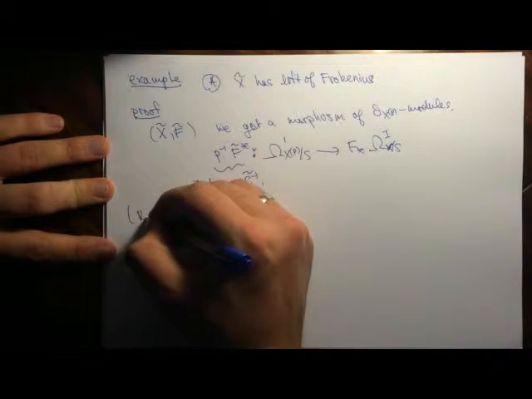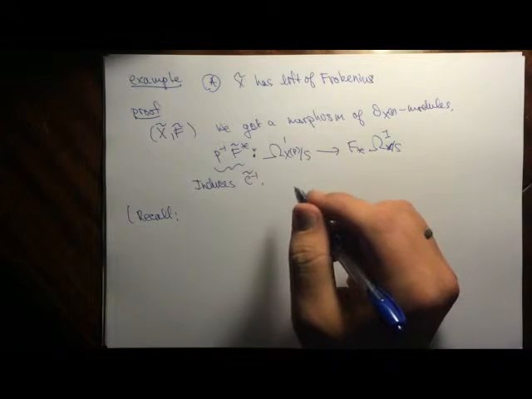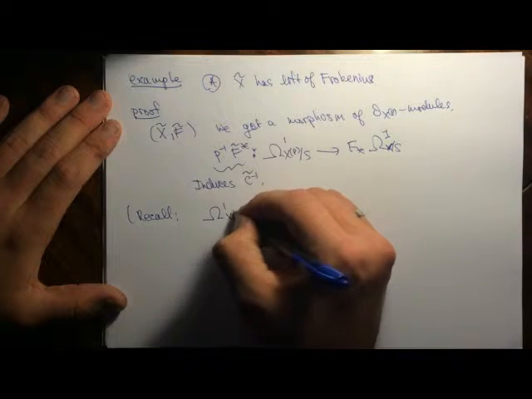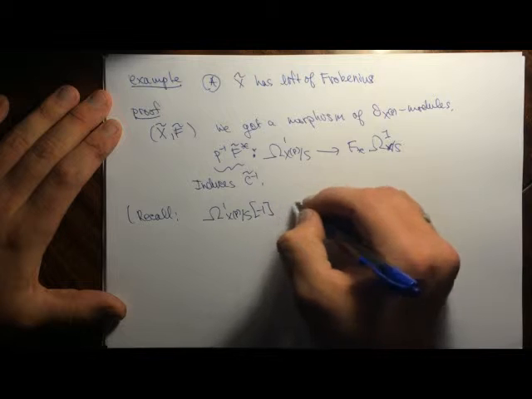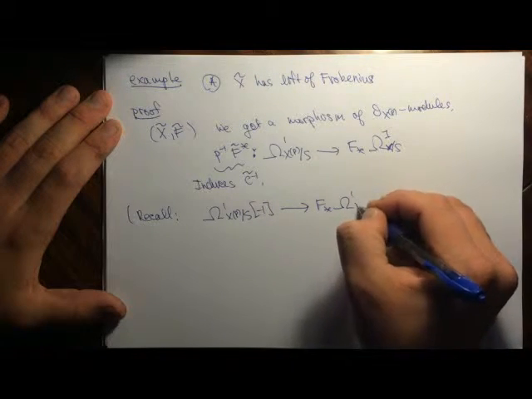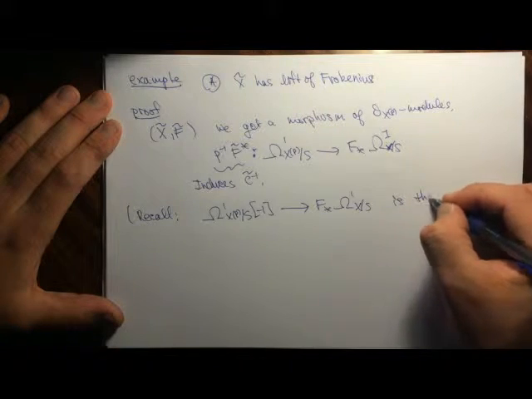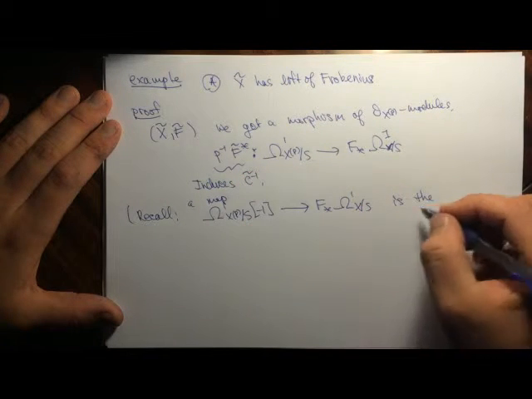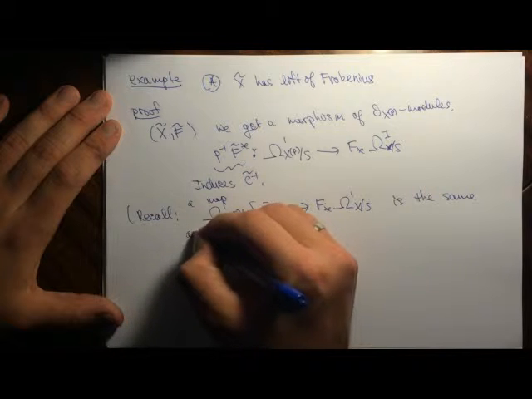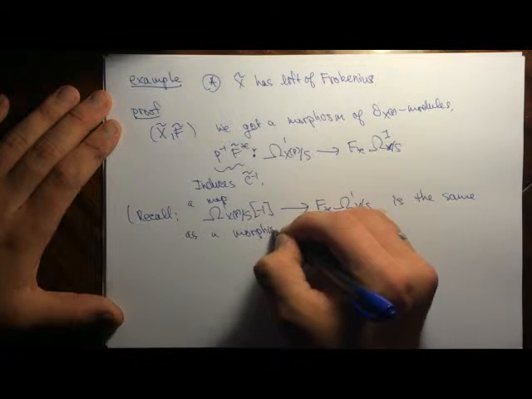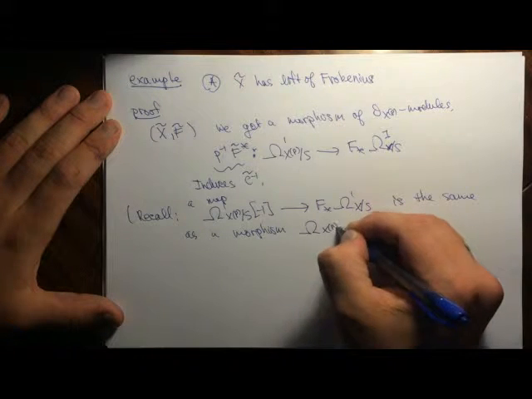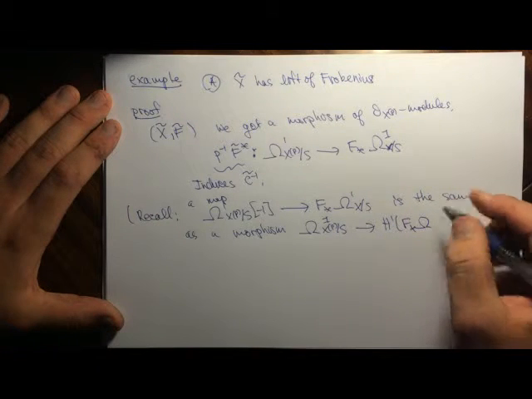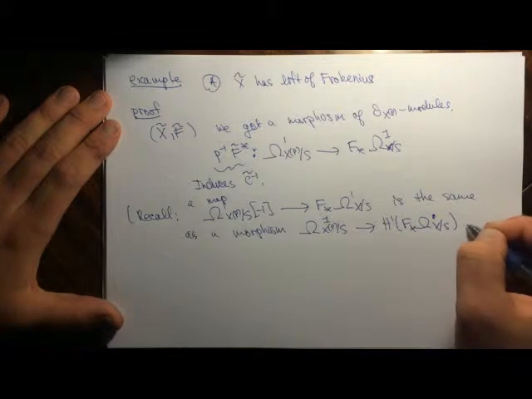Okay, so recall that having a map, so the -1 to here, is the same as a morphism like this.